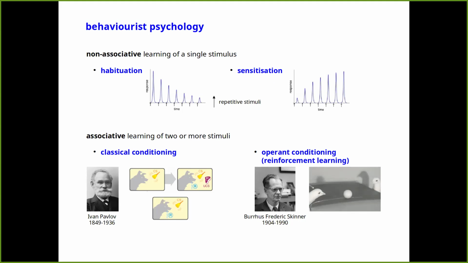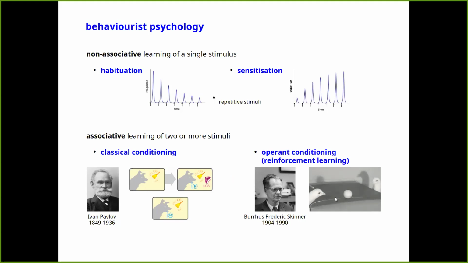But that is something we could leave for the moment to discuss later. Once you get to multiple stimuli, then you run into classical conditioning, Pavlovian conditioning, but also something that is very much in the news there, what is called in the psychology literature operant conditioning, but in computer science is reinforcement learning.